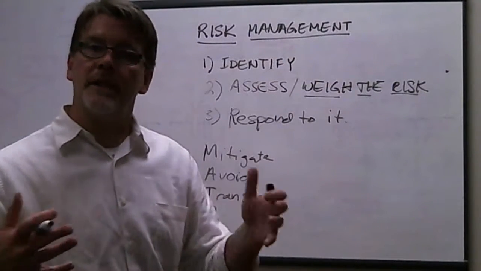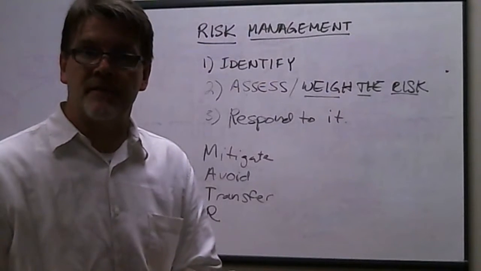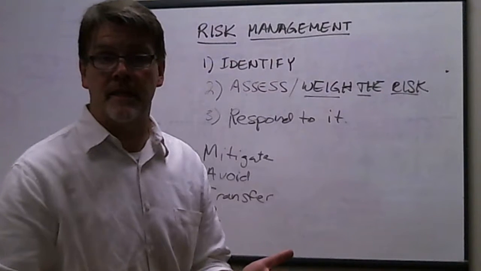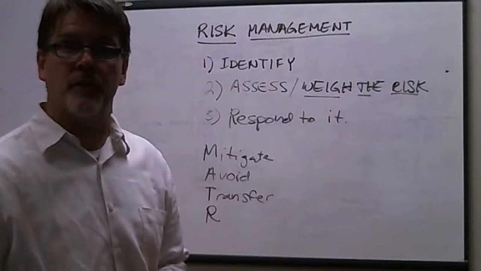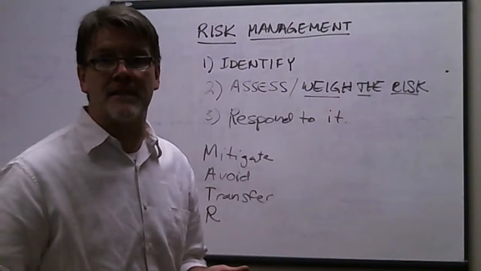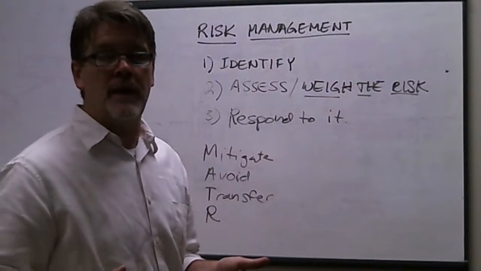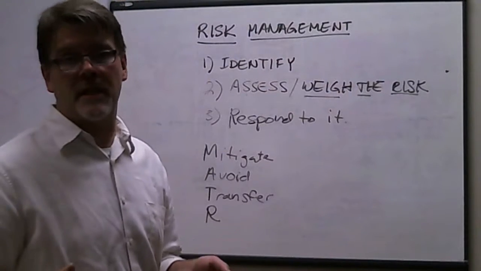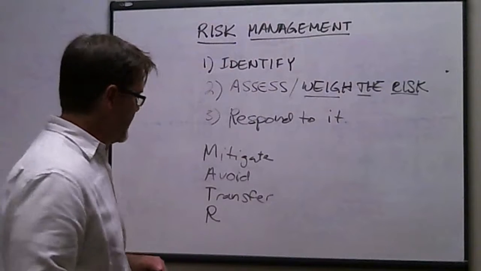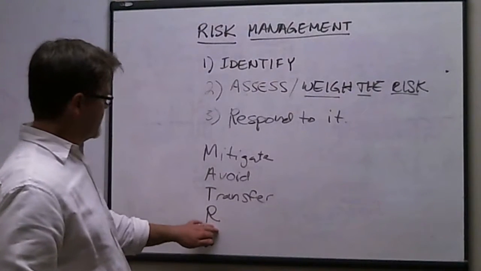The contractor still carries the risks for a successful completion of the project, but that subcontractor will carry the risk to perform that particular scope of work. So that's something to keep in mind, as I know this week you're going to be reading about contracts and actually responding to a discussion board that speaks to contracts. So T is for transfer. You transfer that risk. And last is R.